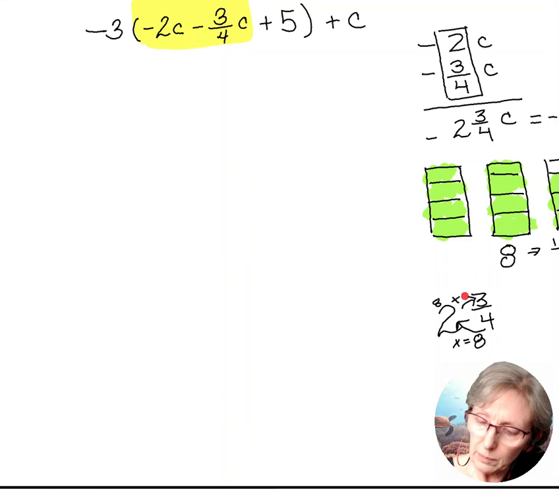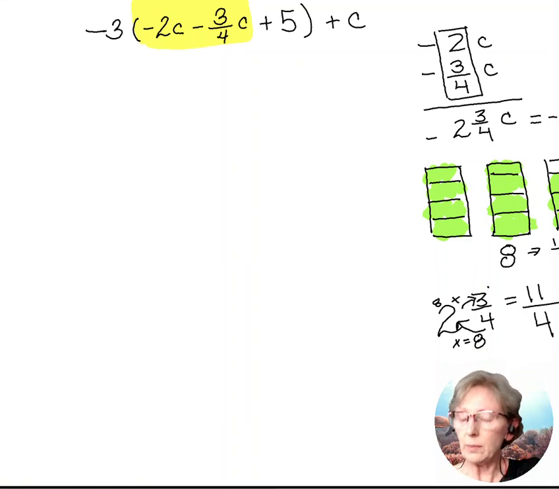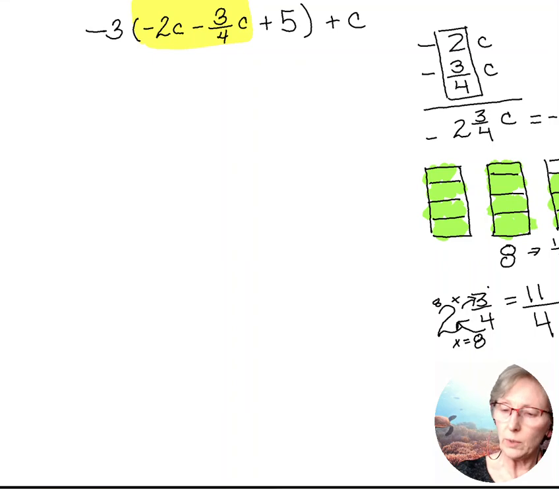So 8 plus 3 equals 11. And then you put it over the denominator. Look, we got the same thing. Hooray! And since it's negative, we have negative 11 over 4c. And with math, if you do it right, you should get the same answer no matter what you do.